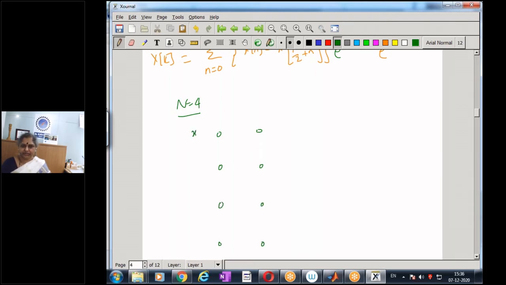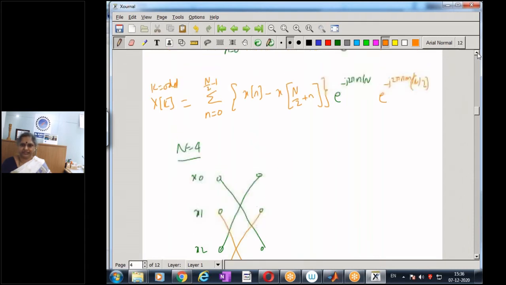inputs. They are all given in order x0, x1, x2, x3, and this is my first computation. And I have another computation in this manner. Now let us take the first equation.